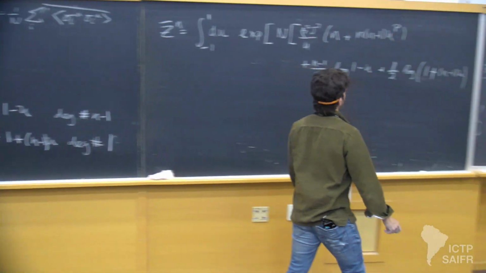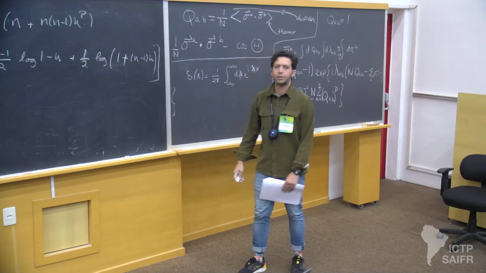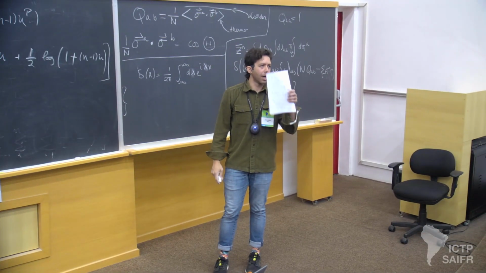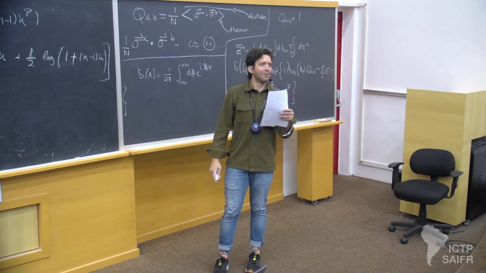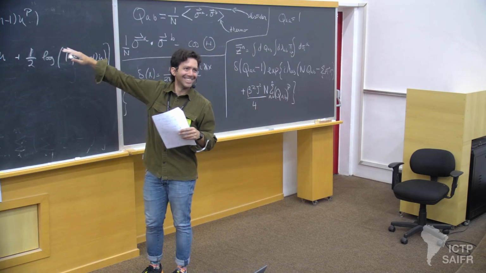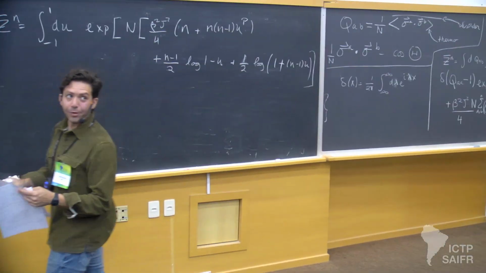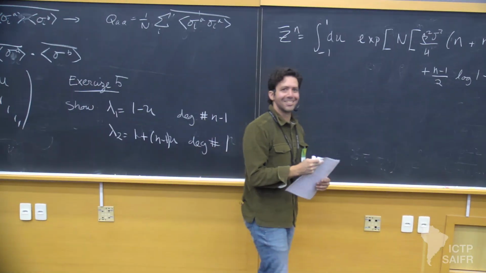And lo and behold, we have an effective action for u. And I'm going to close my eyes and assume that this is an analytic function in n, so I'll be able to take a derivative and set n to 0.